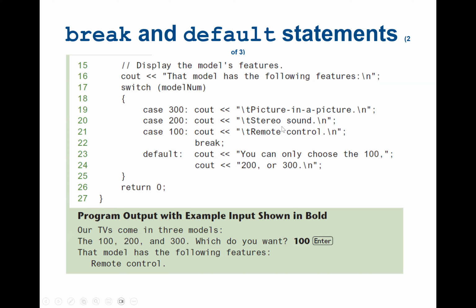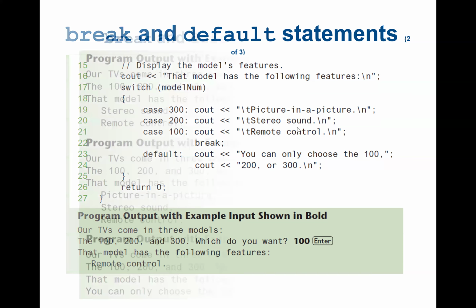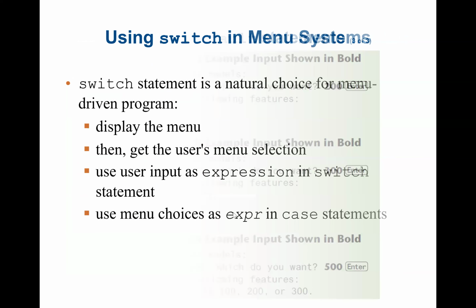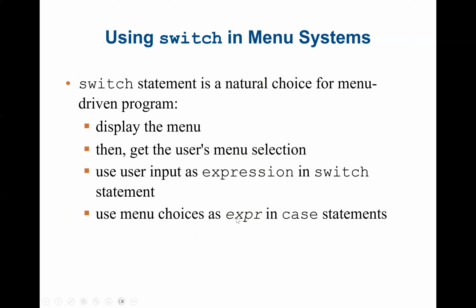If it's 200, they have stereo sound and remote control. So for example, here the user entered 300. It prints the picture in a picture, stereo sound, and remote control. Again, the main reason is that we don't have that break. The break comes after the 100.